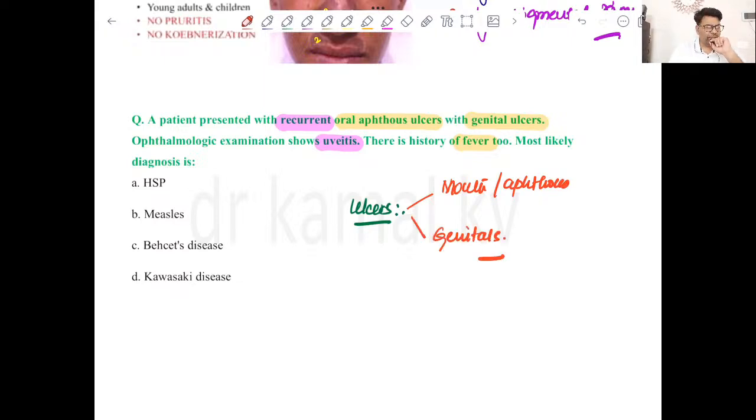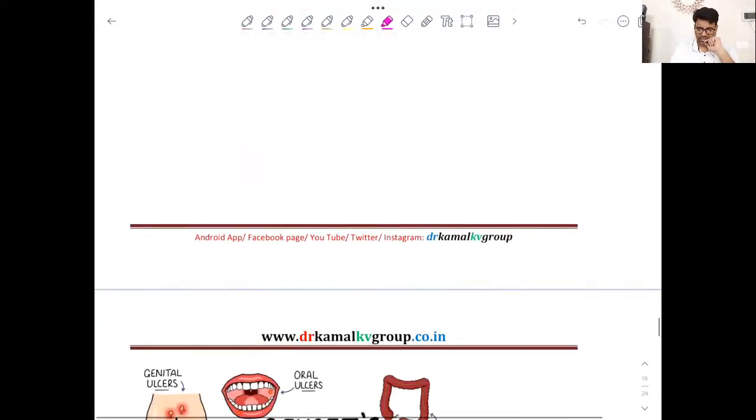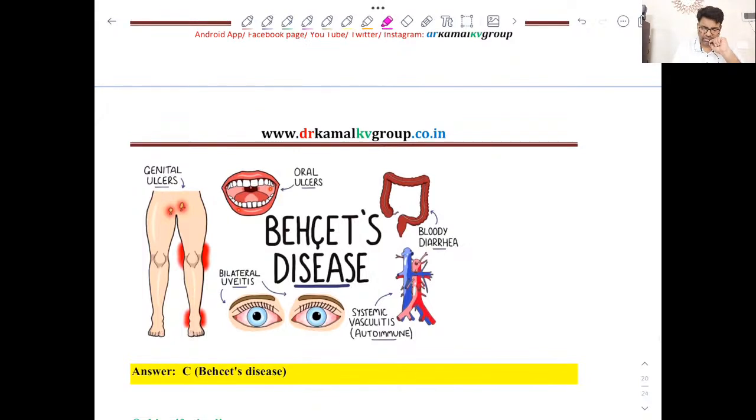So the moment you have this kind of presentation, yes, Shanavaz, very good. The condition is Behçet's disease, right? There can be uveitis as well, but this ulcer is a classical description for Behçet's disease, right? So classical genital ulcers or oral ulcers. The moment you have these 2 words, don't hesitate to go for Behçet's disease, right?